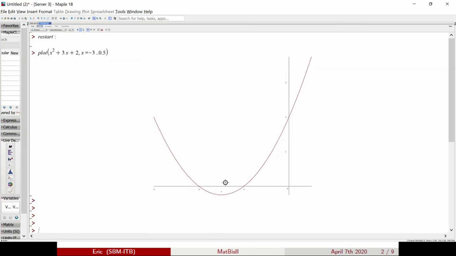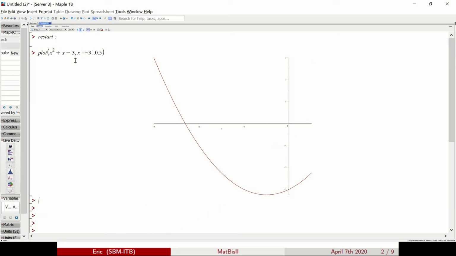If you have this graph, I know the root is something near minus 1 or minus 2. If I have another one, the root is between minus 2 and minus 2.5.